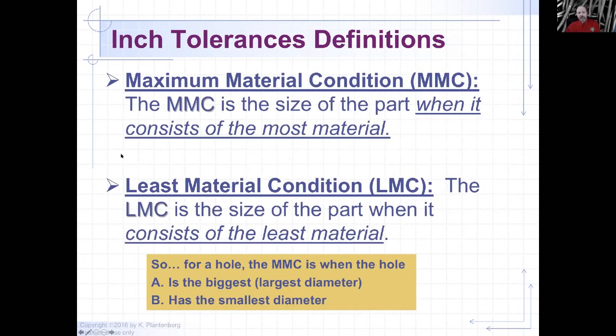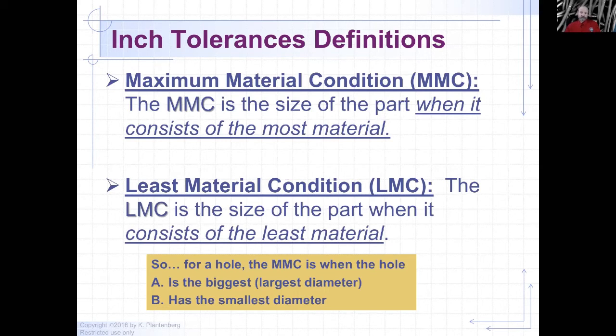Okay. Now we're going to go into something called inch tolerance definitions, called maximum material condition, MMC, and least material condition, LMC. This is confusing for a lot of people. Okay. So MMC means when you have the most material.